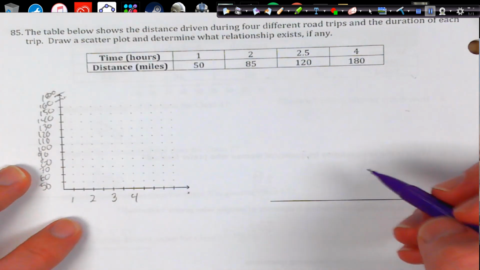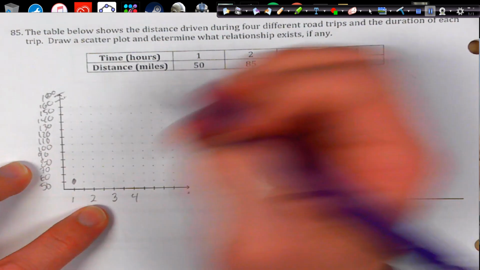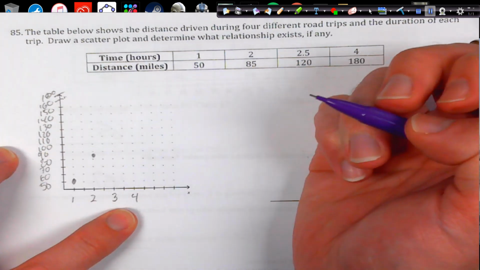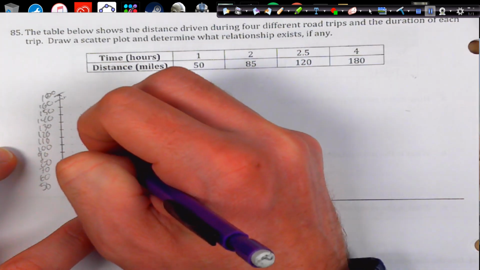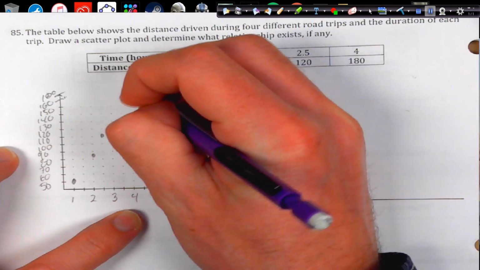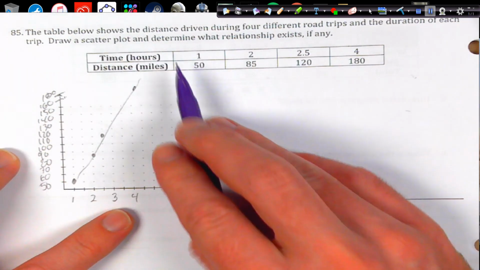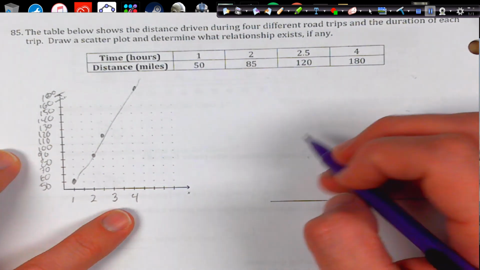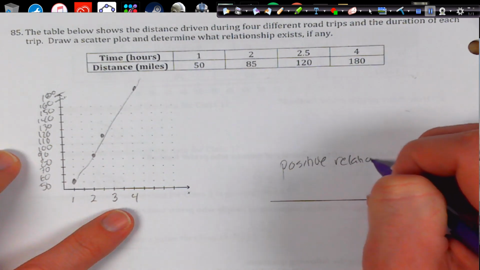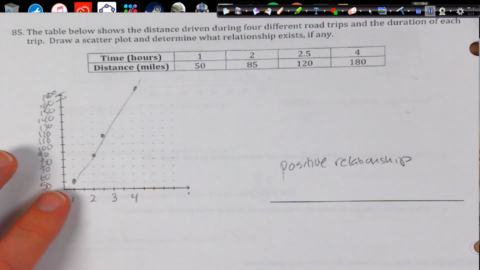We go a little bit higher. 1 and 50, 2 and 85, 2.5 and 120, 4 and 180. I would say that there is a positive relationship between these two. That's all.